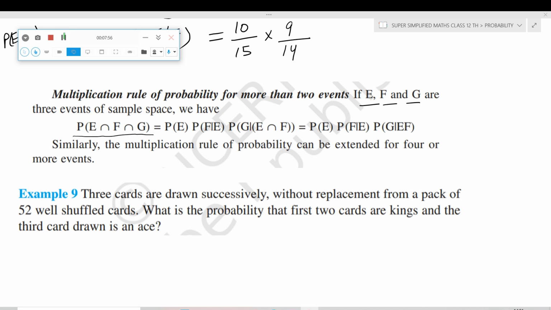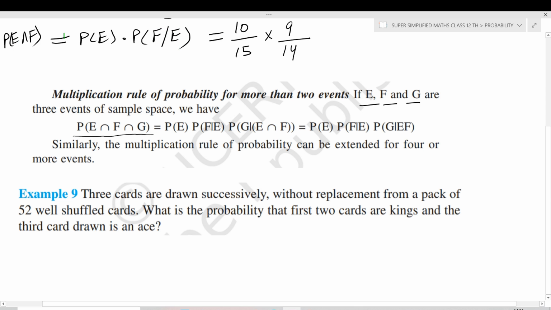So first E occurred, so we take the probability of E. Then F occurred with the condition that E has already occurred, so we multiply it by probability of F by E. Then G occurred with the condition that E and F had already occurred, so we multiply it by probability of G, knowing that E and F have already occurred.